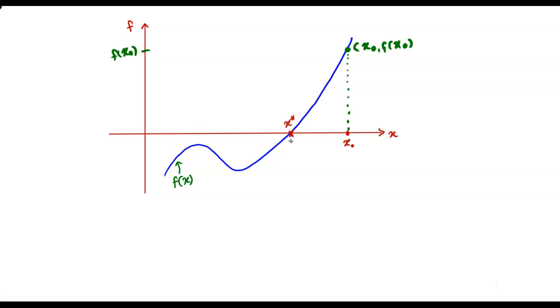So now what do we do next? We know that the length between this green dot and the x-axis is basically f(x naught), because somewhere here is f(x naught) and somewhere here is the origin 0, so the length here is f(x naught).